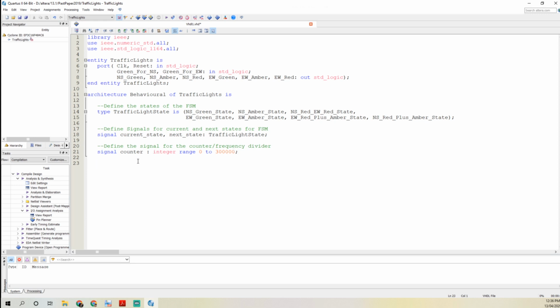So now let's go on to the body of the architecture. Right? So we know that in finite state machine code, when we looked at finite state machines, we had multiple processes running concurrently.